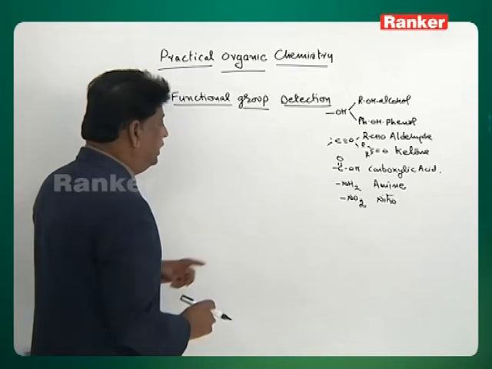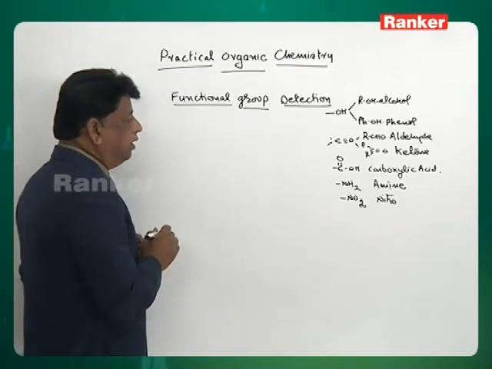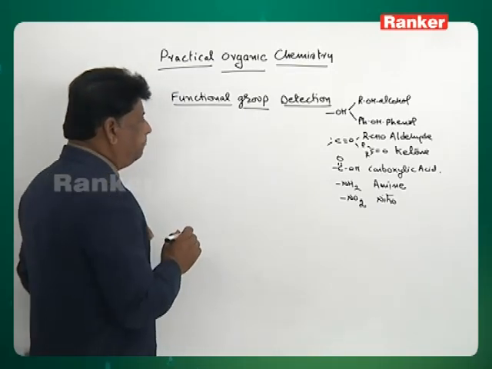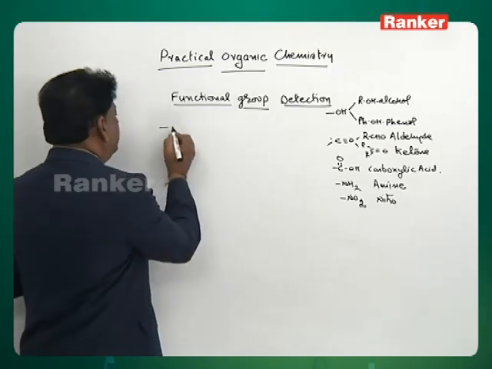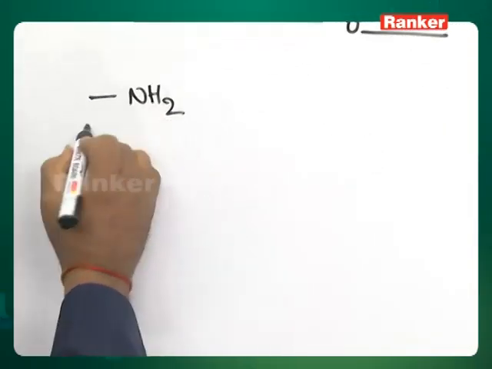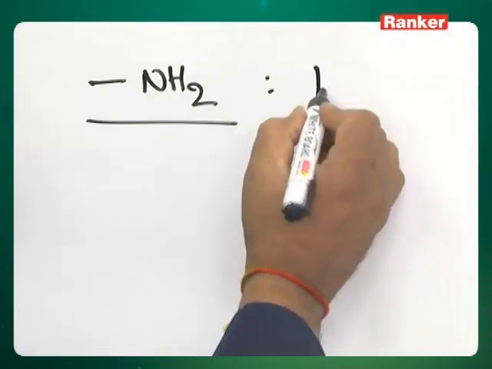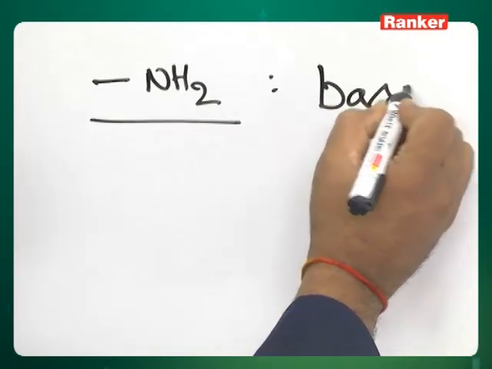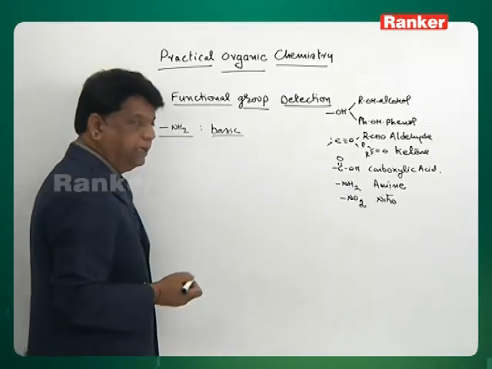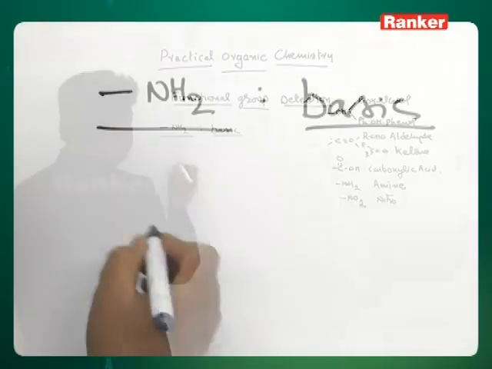Now let's go for the reactions of, or testing the functional group of, the amino group, NH2 group. Basically this NH2 group is alkaline or basic in nature. So this basic property can be studied by a simple reaction.